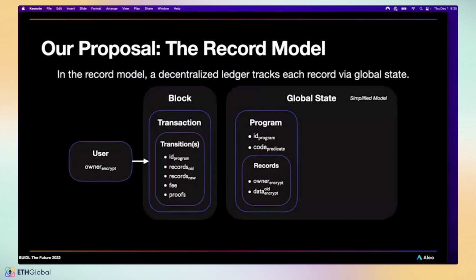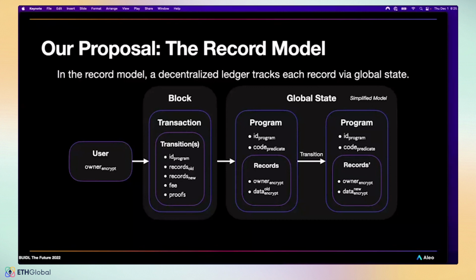When a user submits a transaction, it actually consists of a number of state transitions, each transition containing an ID of the program it called, the old records that were consumed, the new records that were produced, a fee, and then a zero-knowledge proof stating that given the input records, given the output records, and the program predicate, everything was executed correctly.